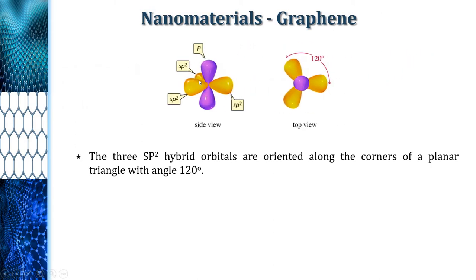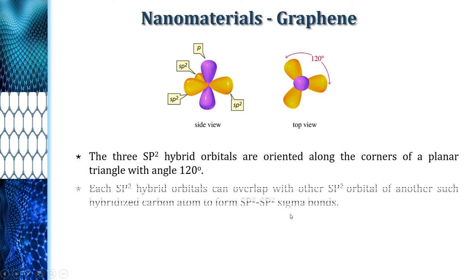So the yellow colored lobes indicate the sp2 hybrid orbitals, and the purple or violet colored lobes indicate the pz orbital. So the angle between the sp2 hybrid orbitals is 120 degrees, and the pz orbital is at right angles. Each sp2 hybrid orbital can overlap with another sp2 orbital of another such hybridized carbon atom to form sp2 sigma bonds.